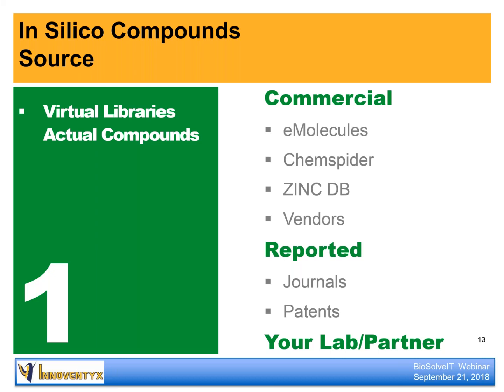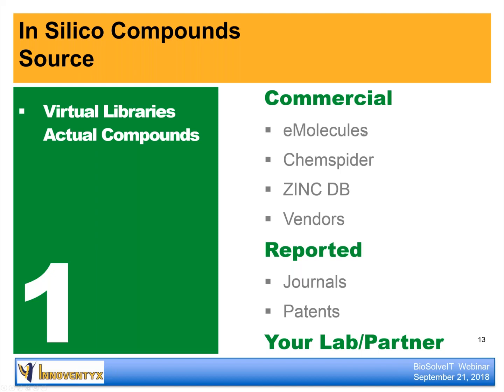They're commercially available, they have been reported in the literature, or maybe they exist because you have made them. Someone in another lab has made them, or a partner has made them. So they're actual compounds. You're just getting the 3D coordinates and using them for your in silico studies.